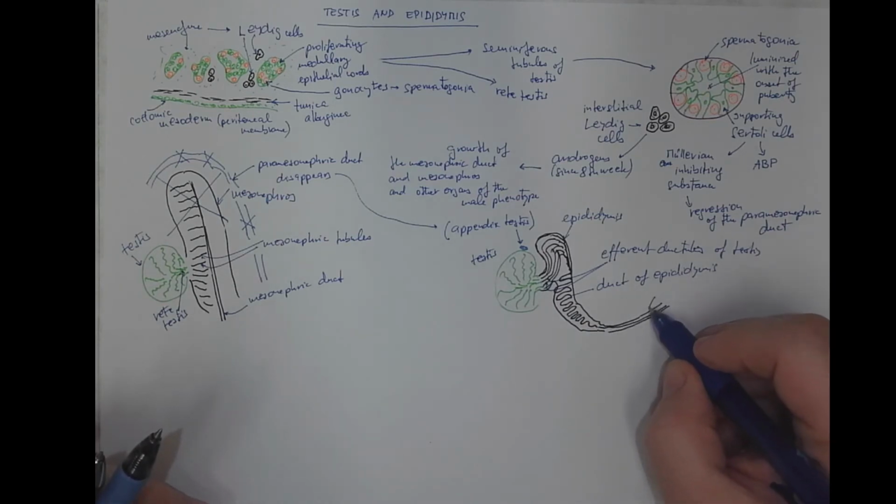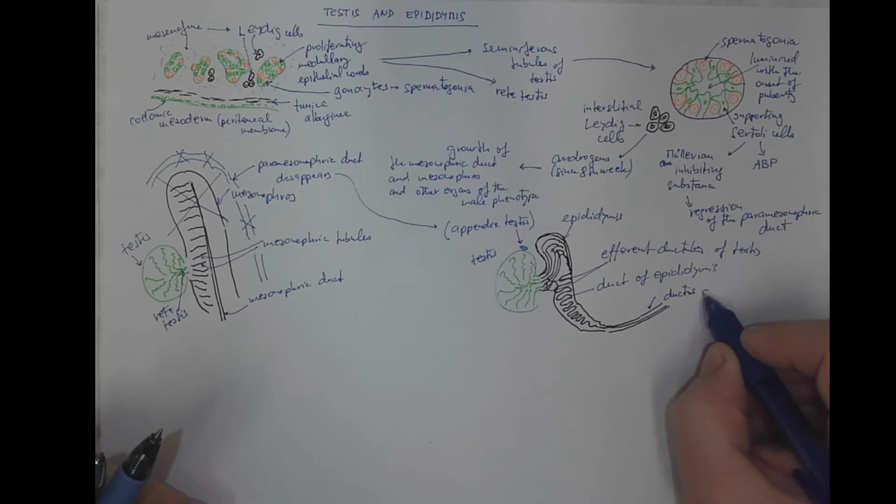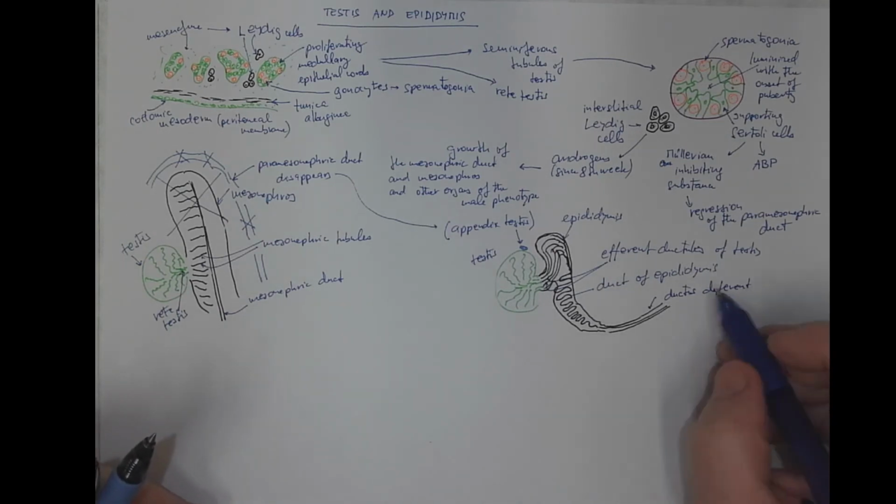And this would be the ductus deferens. That will later on become part of the spermatic cord.